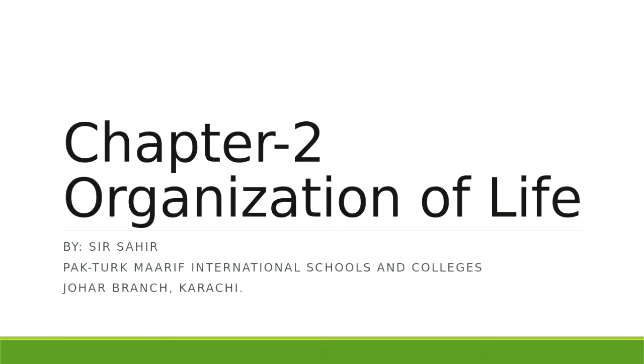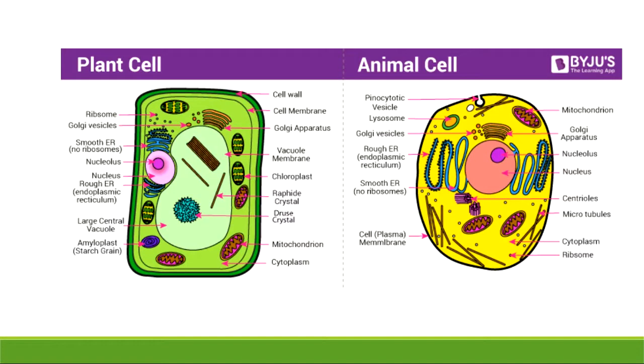So students, we studied yesterday about chapter 2, organization of life. Here we studied the cell theory, cell structure, types of structures, and also the difference between the animal cell and plant cell.